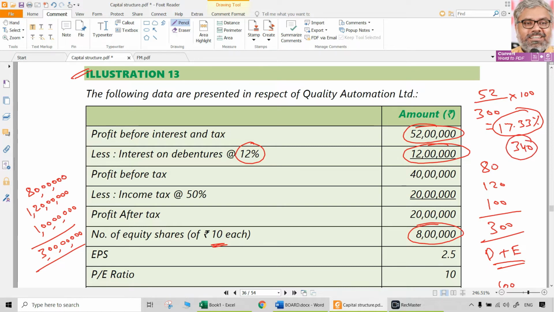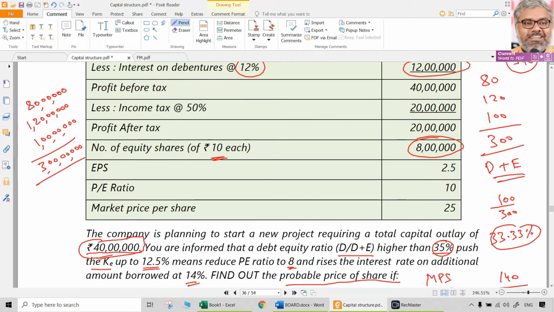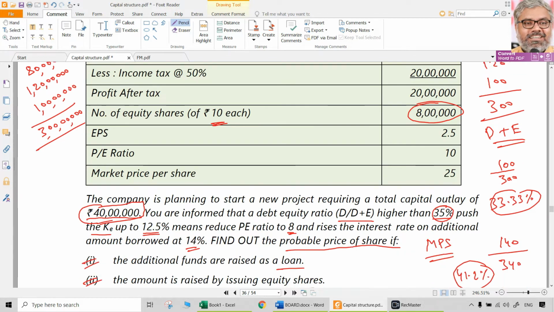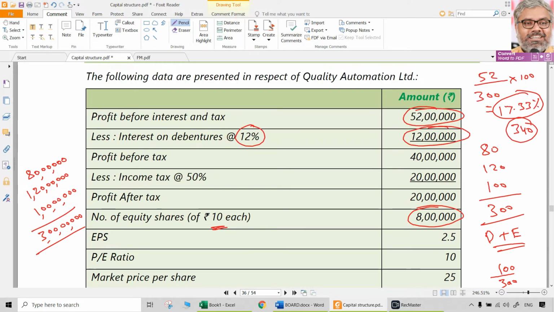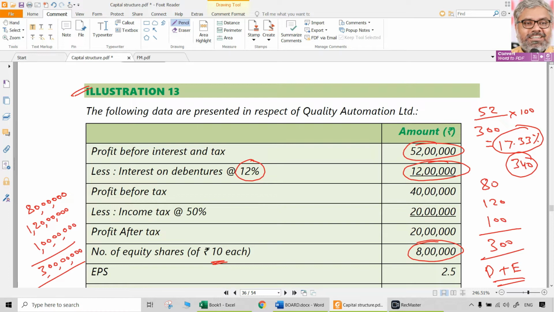So new fund is going to be raised for 40 lakhs. Extra return that comes from these new funds is not given. So that we can find out straight away. On 340, how much will be the EBIT?